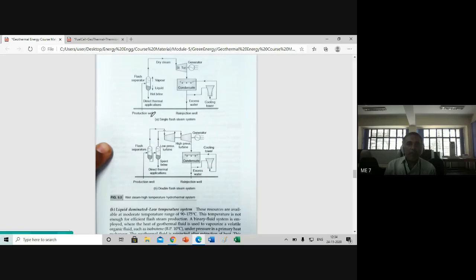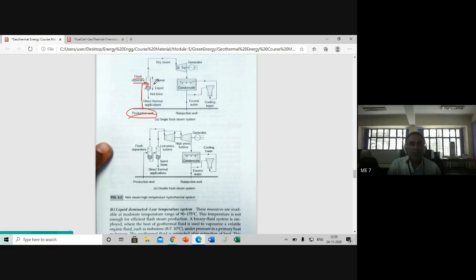Coming here, same production well, and because of high pressure and high temperature, when the steam is taken, it is sent to the flash chamber, the flash separator.